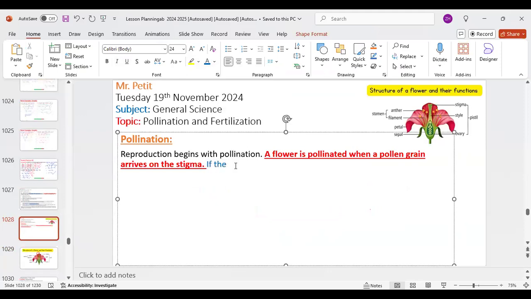If the pollen grain is carried from the anther to the stigma on the same flower, this is called self-pollination.